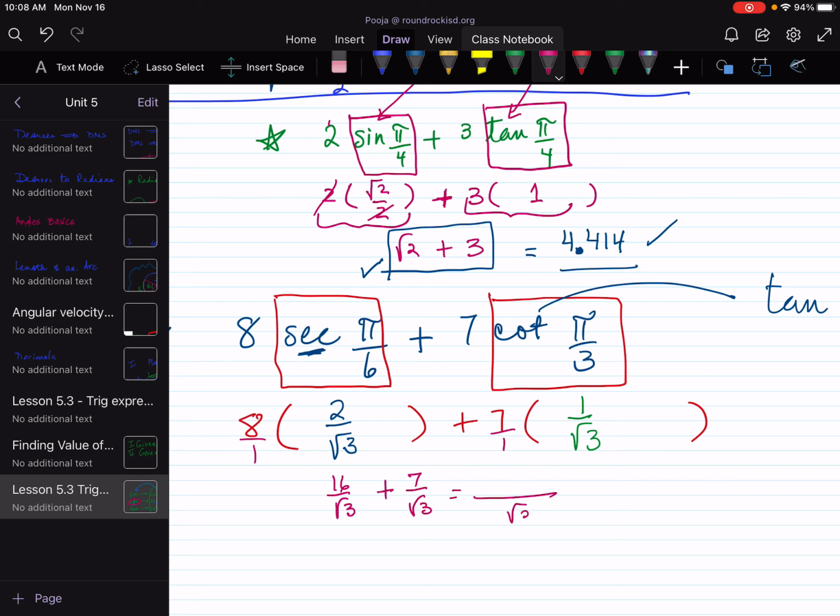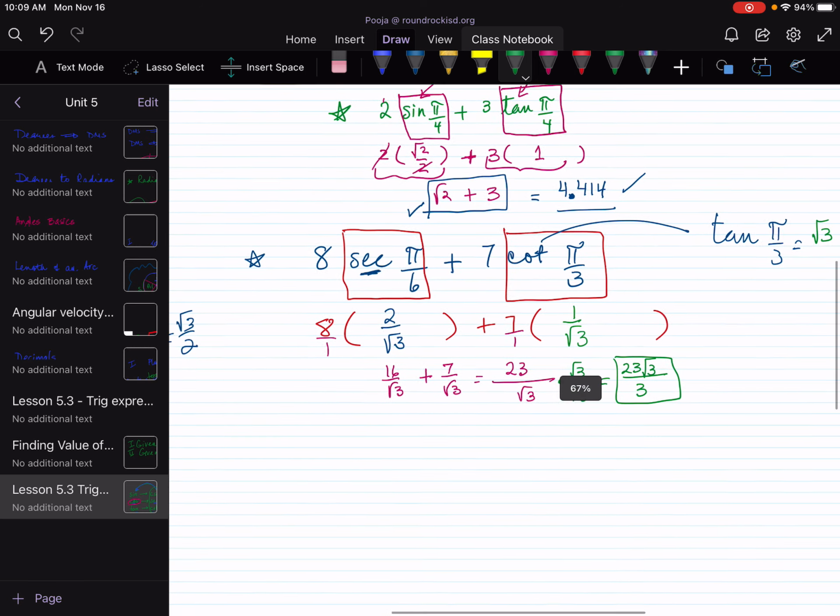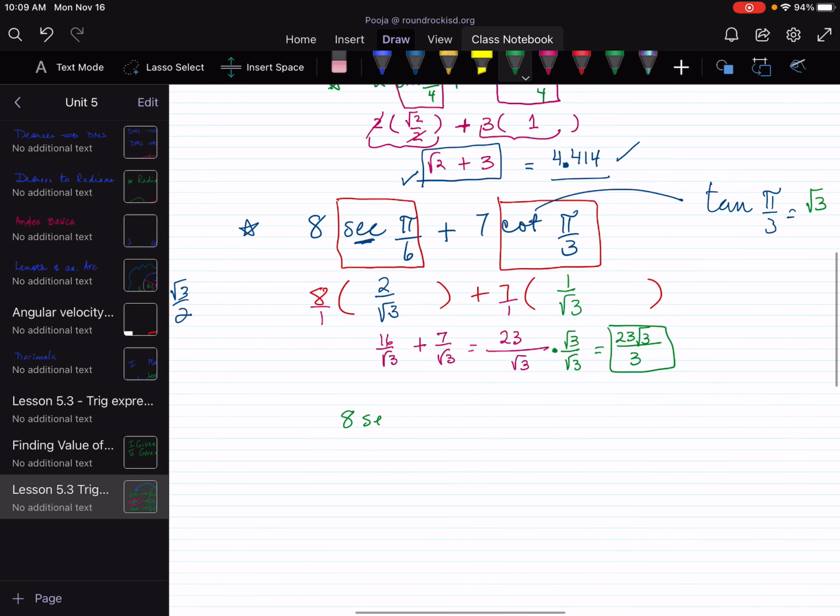And these can be combined because it's the same denominator. 16 plus 7 is 23, and there's my answer, but I have to rationalize it because of the denominator being a radical. And there we go. So what was it? 8 times secant pi over 6 plus 7 times cotangent of pi over 3 is 23 root 3 over 3.